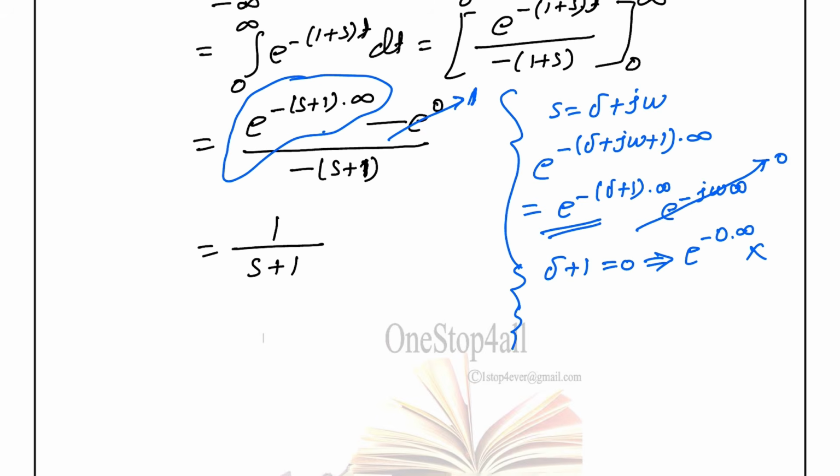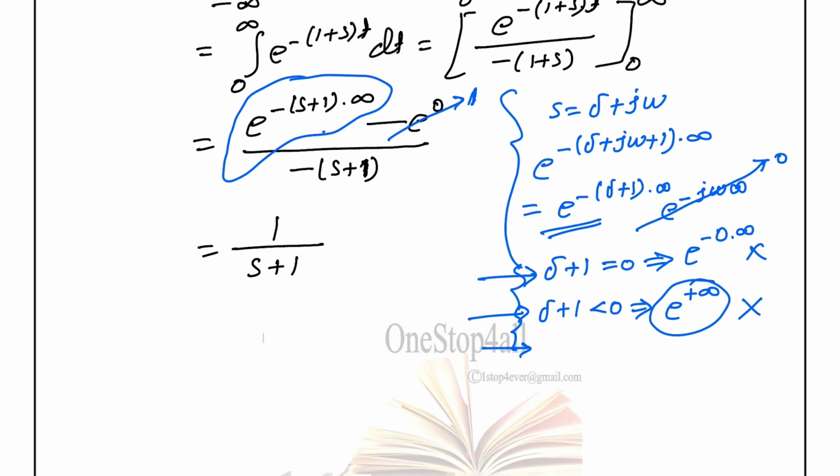And second, if sigma plus 1 is less than 0, then again it will be e to the power plus infinity. Its value is also infinite, meaning undefined. E to the power infinity means it will be infinite, so it is not convergent. For convergence, its value should be finite.